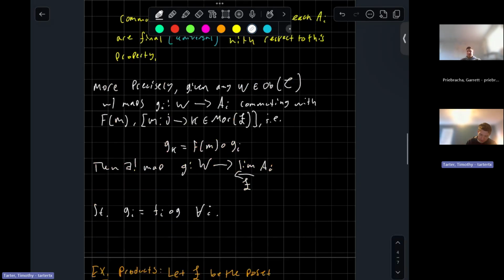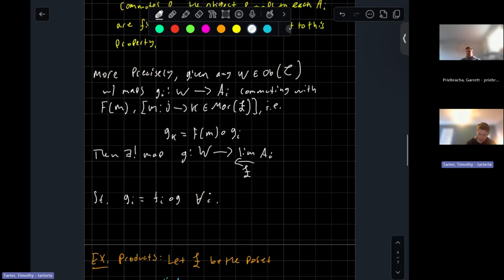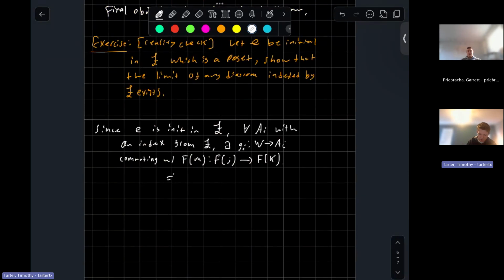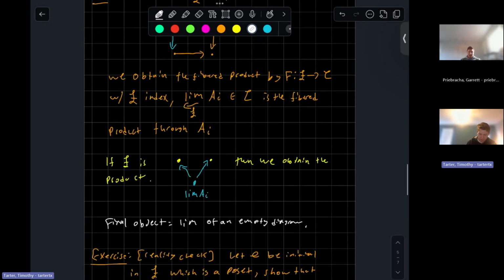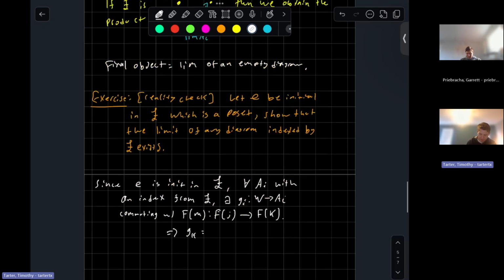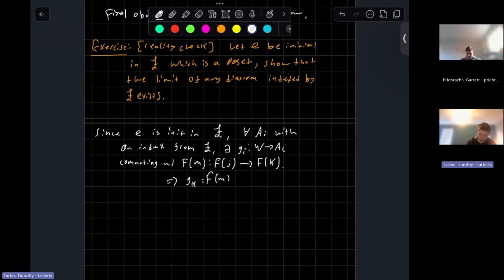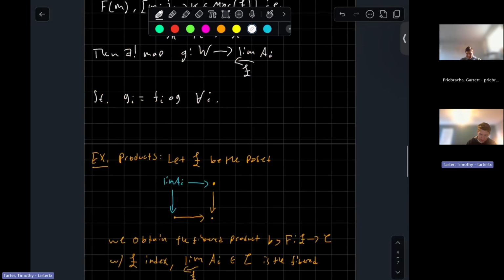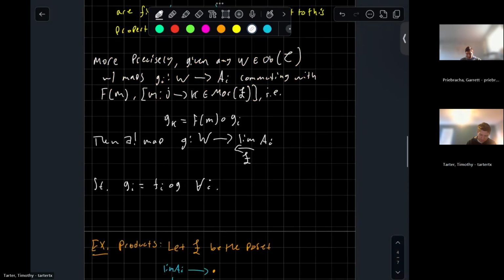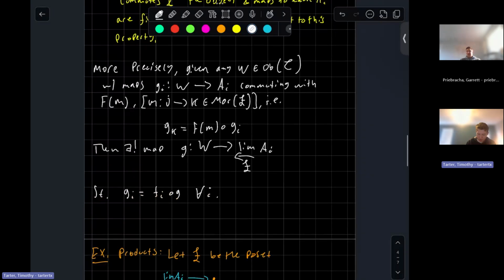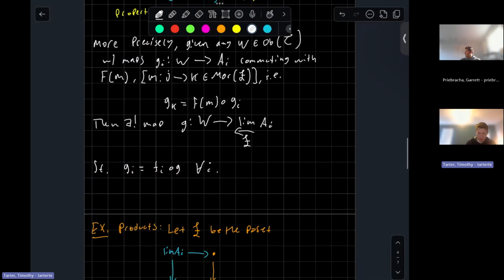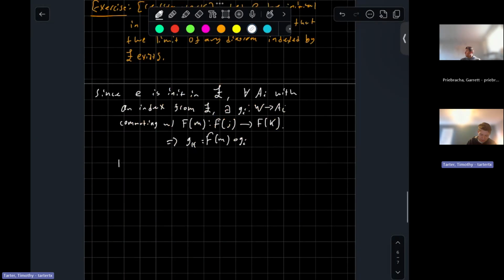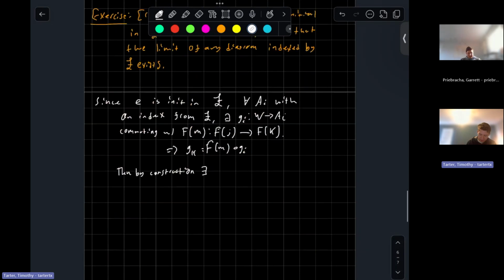And so g_k is equal to F(m) circ g_i. And then by construction, we have a map from W into the limit of A_i. What do we call the map up here? g? Yeah.